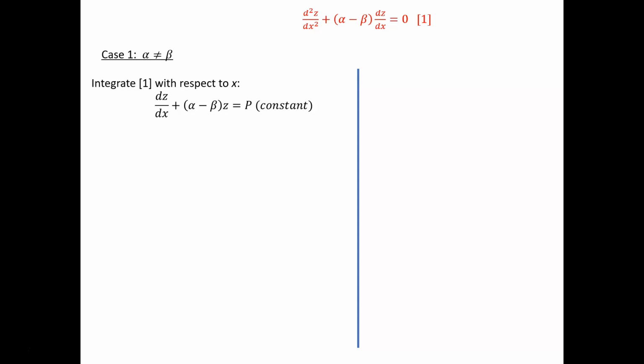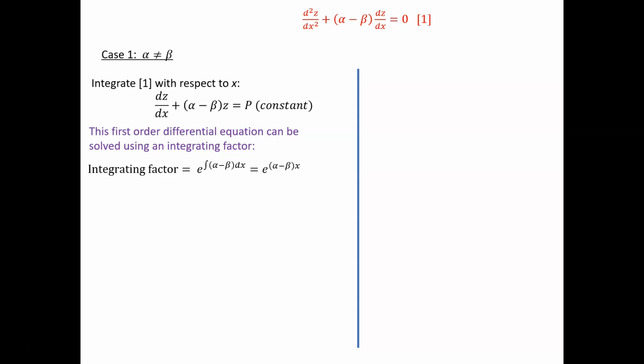And this is a differential equation of first order which can certainly be solved using the integrating factor method that you met in an earlier video. The integrating factor for this particular equation is going to be e to the integral of alpha minus beta.